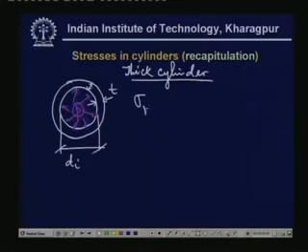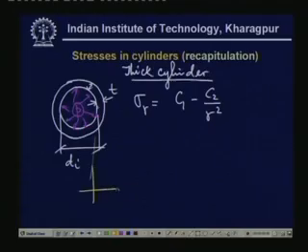When we have such situations, sigma r, that is the radial stress, will be equal to C1 minus C2 by r square. That is, sigma r varies within the thickness; suppose within this thickness sigma r varies from minus p to 0.